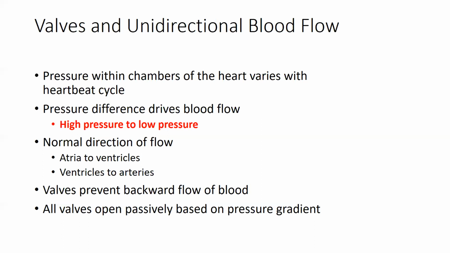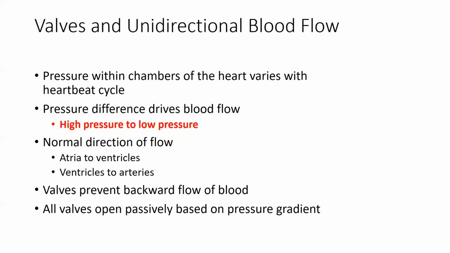So the chambers create a pressure gradient by which the blood wants to go from a place of high pressure to a place of low pressure. I'll say that again. The variations in pressure from one chamber to the other create a gradient where the blood wants to flow from an area where it's under high pressure to an area where it's under lower pressure.